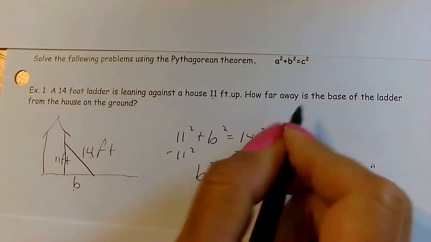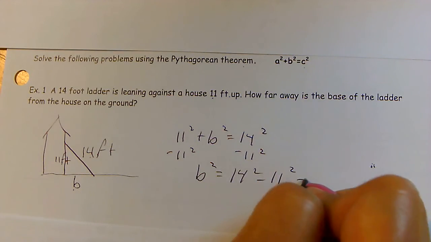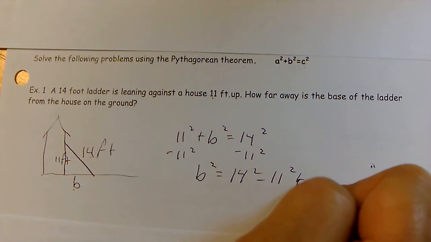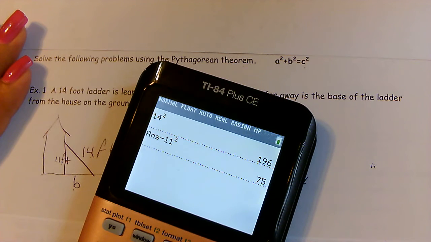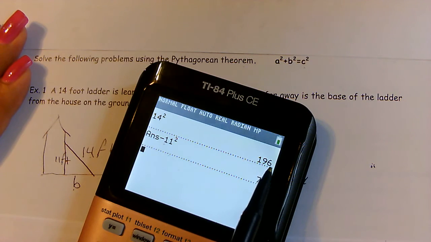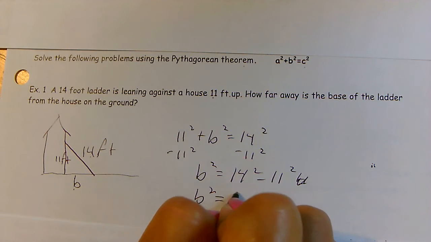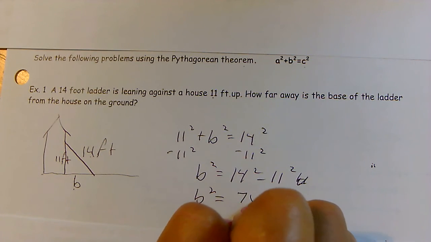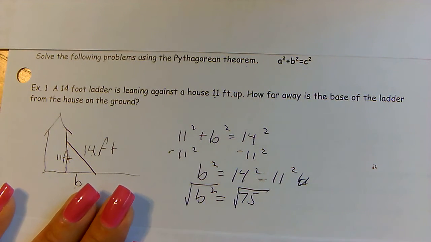So B squared equals 14 squared minus 11 squared, which I don't like that. So 196 minus 11 squared is going to be 75, because 11 squared is 121. 196 minus 121 is 75. So B itself will be the square root of 75.